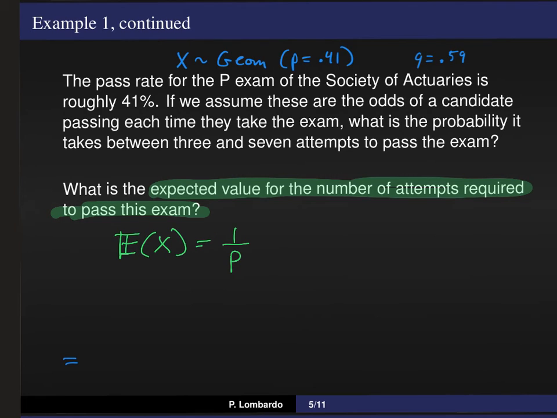And since our probability of success is 0.41, we would just have 1 over 0.41, and this is approximately 2.44. All right, this is a decimal answer, so you can't sit for an exam 2.4 times. So the idea here is that somewhere around 2 to 3 would be the most likely number of attempts it would take to pass this exam based on this probability of success.